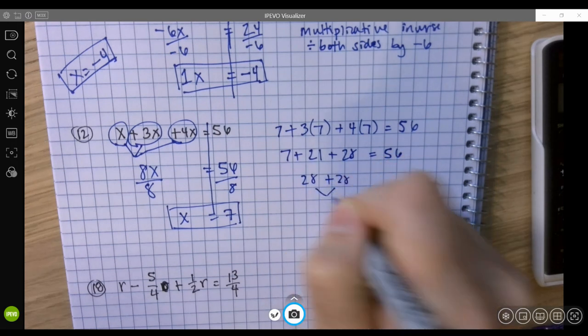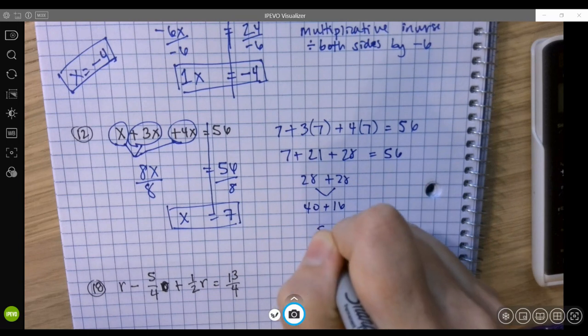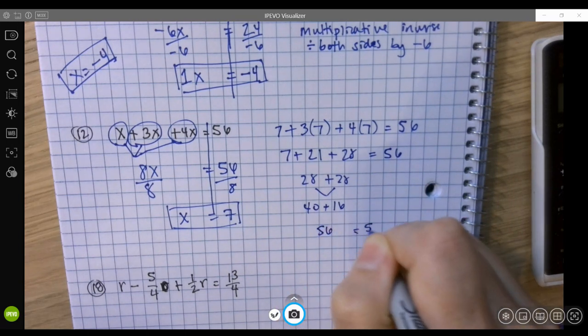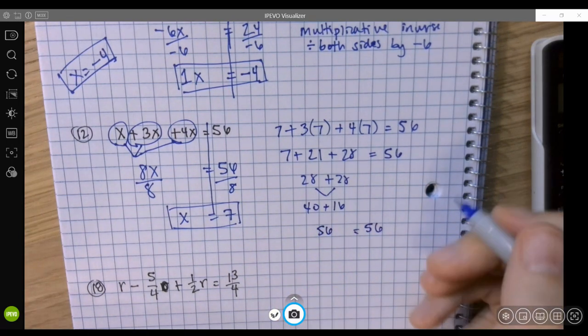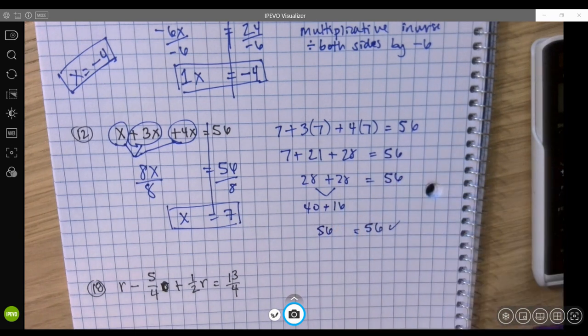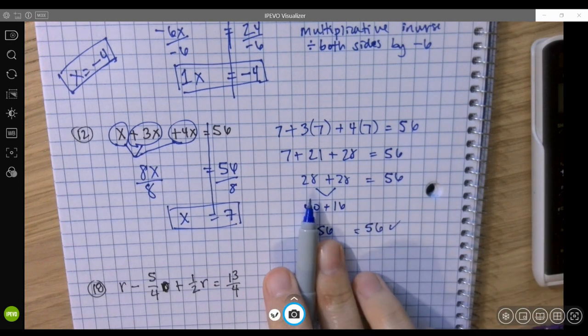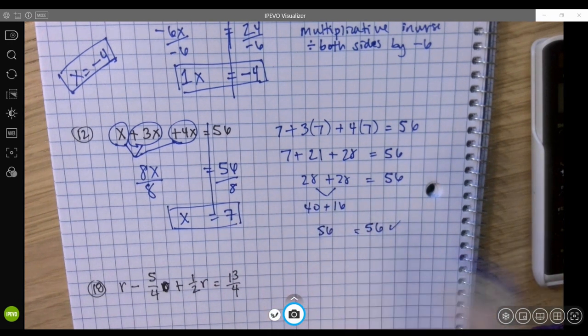Plus 28, which is 40 plus 16, which is 56. That is true, so that works. This trick right here, I added 20 plus 20, and then I added 8 plus 8 because it was easier to do in my head. You can add any way you want to, you get the same answer.